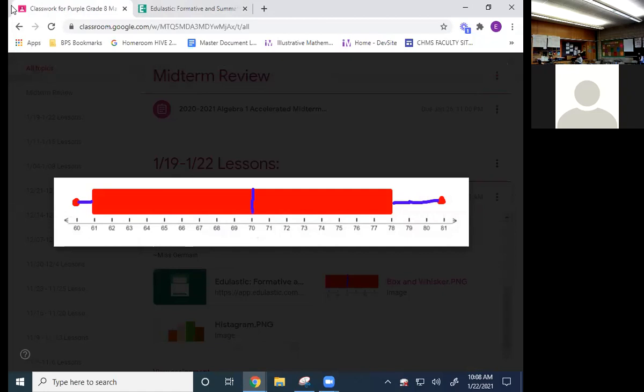And no, very good, it's not a symmetric set of data. So if it's not symmetric, what do we use for our measure of center? For skewed data, we use our median value. Very good. It's skewed. Junior said to the right. Very good, Junior.